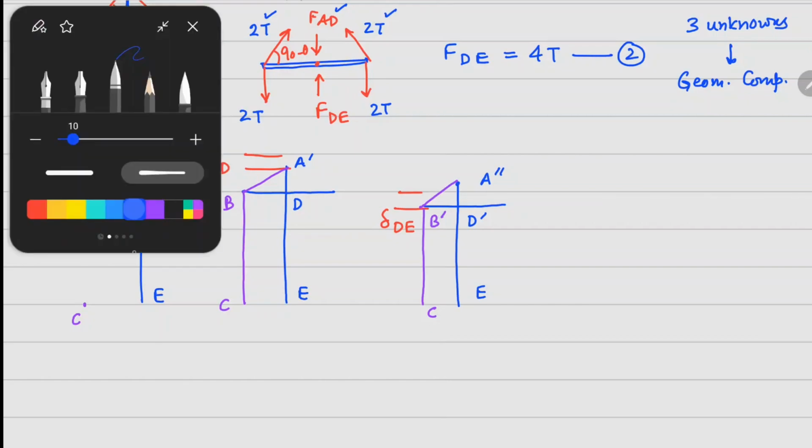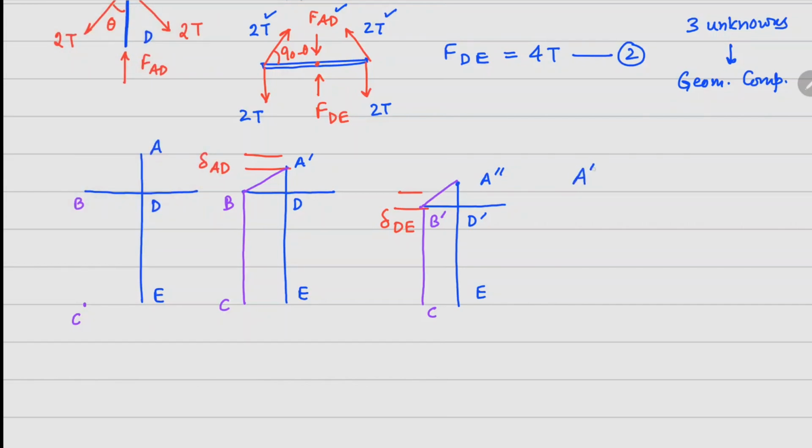So if you notice, the final length of this cable is going to be A double dash B dash, that's coming from here, plus B dash C, right? Now since B dash C and D dash E are going to be the same, we can say that this is equal to plus D dash E. Now this A double dash B dash, this length right here is going to be the same as this, because this is only considering the deformation happening in the AD member, right? So I can write this as A dash B plus D dash E.